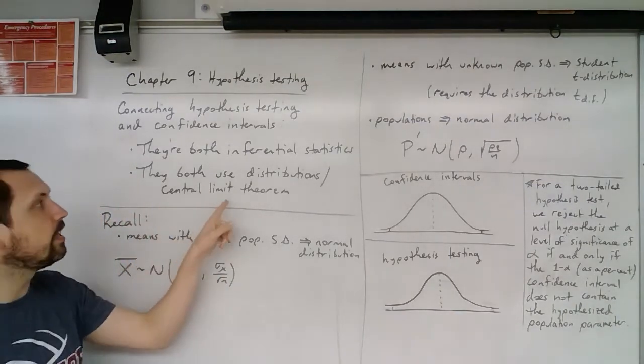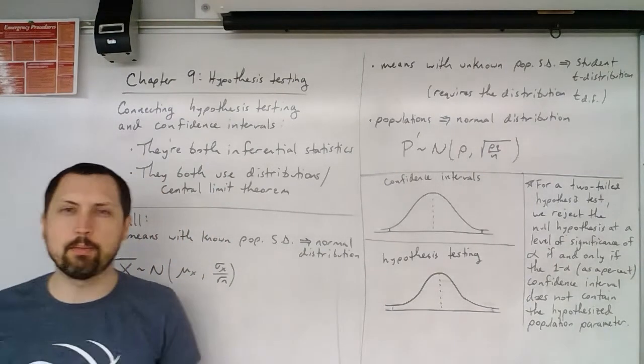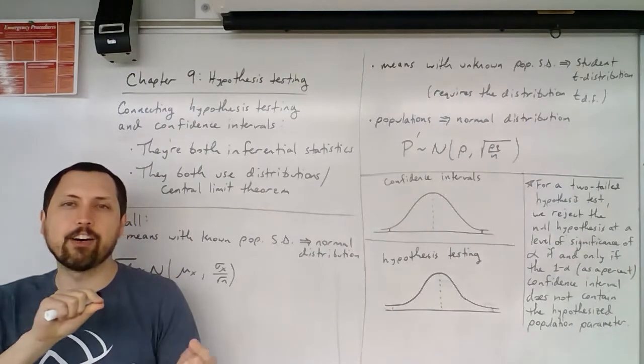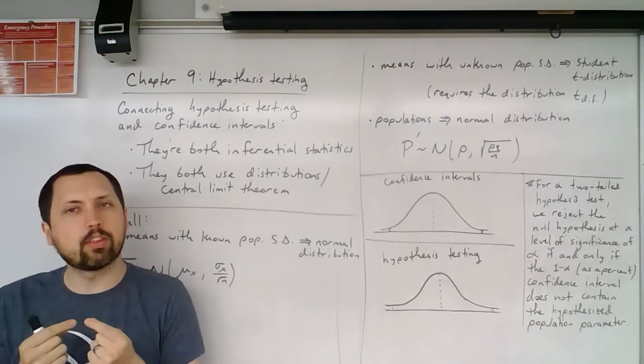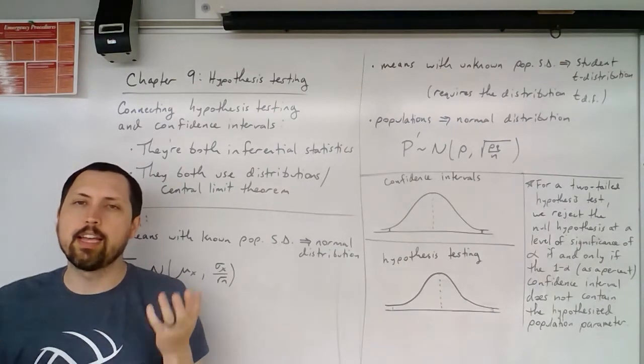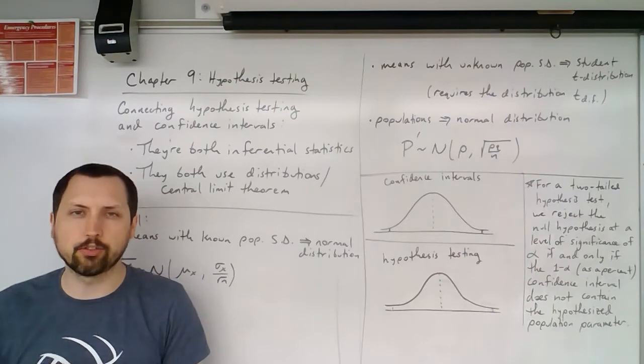The other one is that they both use distributions and/or the central limit theorem. That's what I'd like to focus on today: how do they both tie into the same statistical foundation behind how we can do any of these meaningful computations.